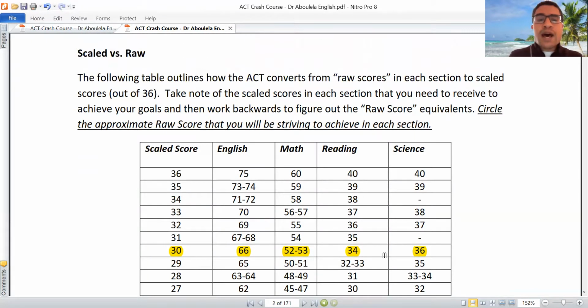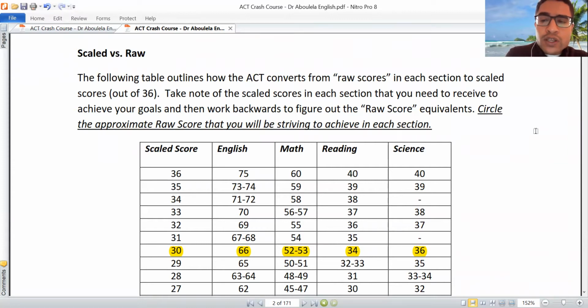Keep in mind that you have a section score out of 36, and a total scaled score again out of 36, which is the average of the 4 sections together.